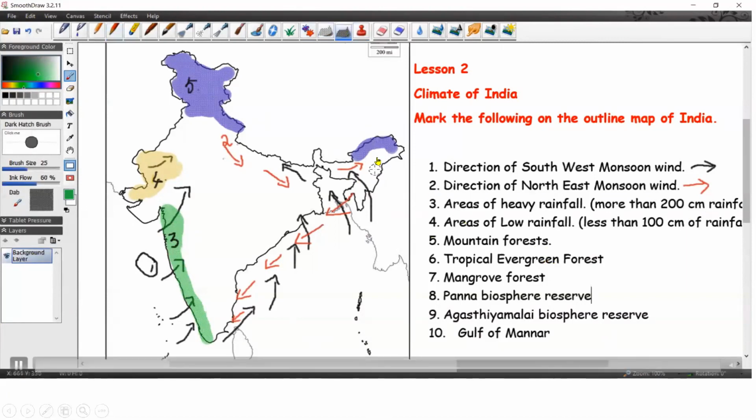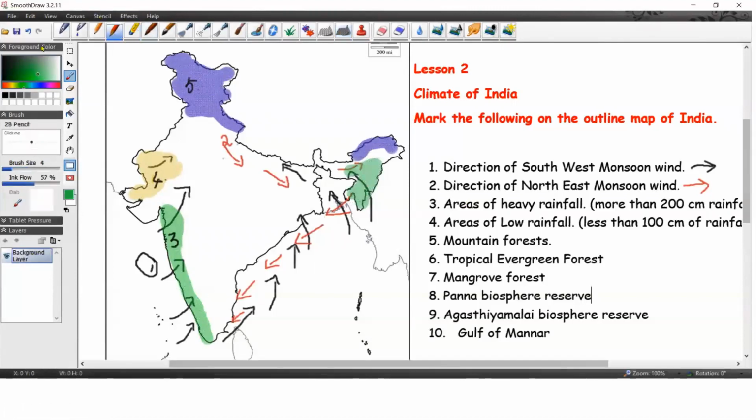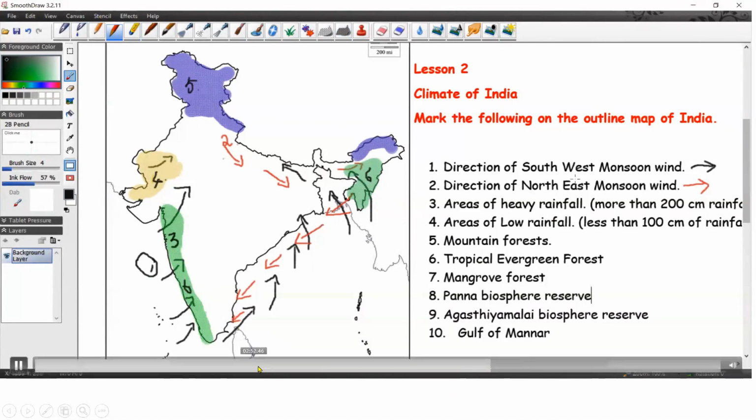This area. So this is question number 6. Tropical evergreen forest, and the west coast also has tropical evergreen forest. The Western Ghats have tropical evergreen forest, the western slopes of the Western Ghats.